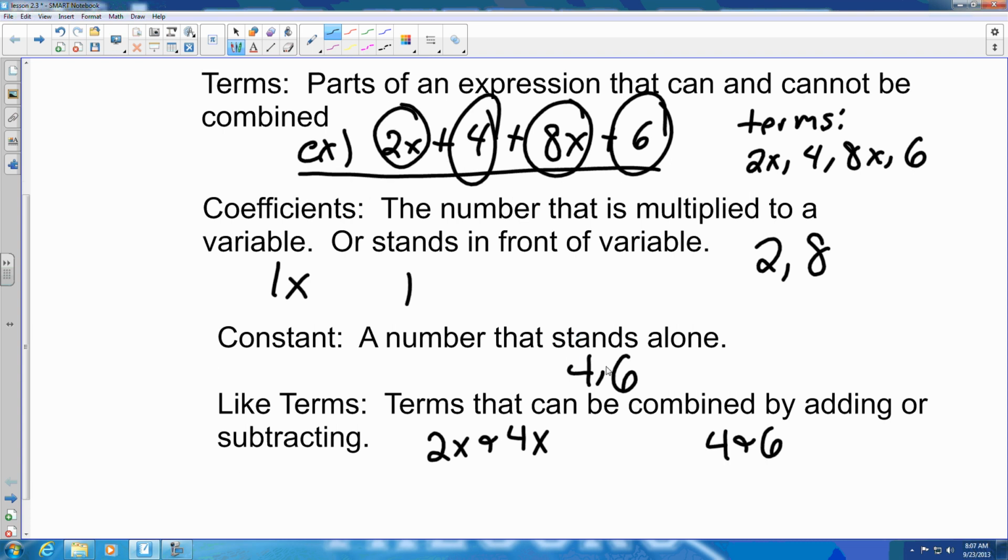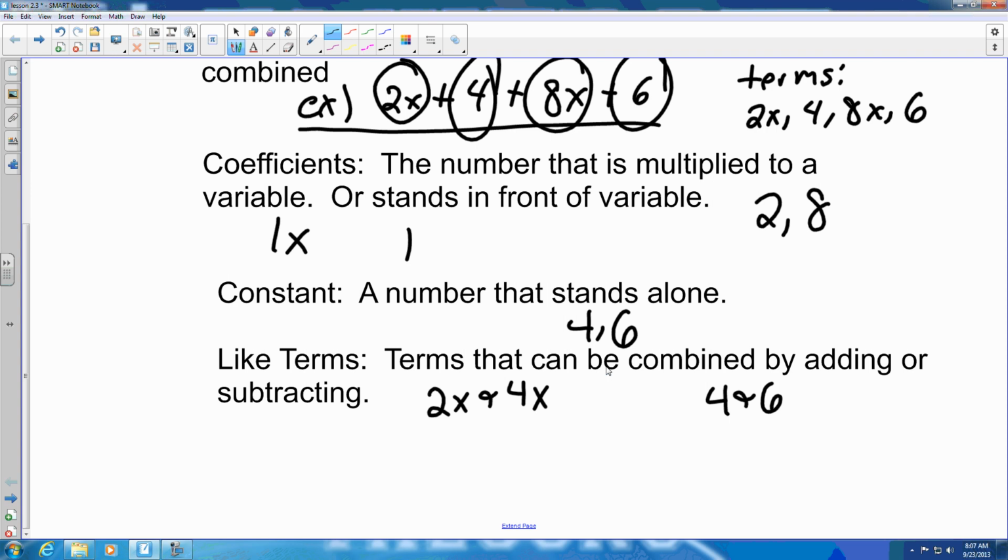And you can combine those, and the simplified expression for this particular one would be 6x plus 10, because you're just adding 2 plus 8, putting the x to it, and then 4 plus 6 gives you 10. Okay?